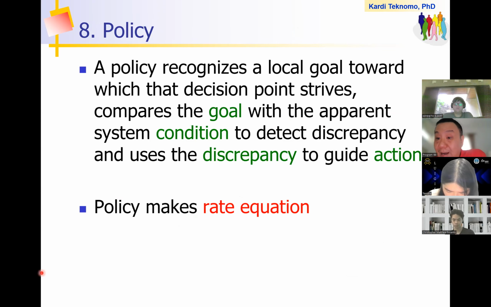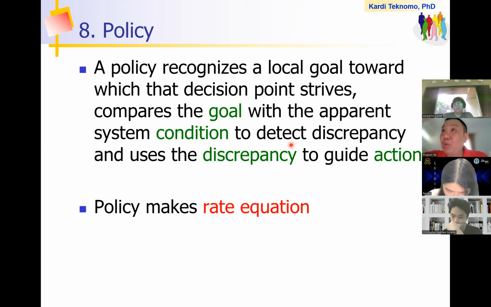The last part here is the policy. Policy recognizes the local goal toward which the decision points strive, comparing that to the goal. You compare the goal with the current system condition, and when you compare, you see the discrepancy.